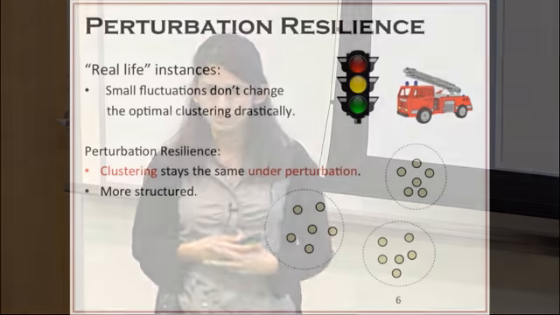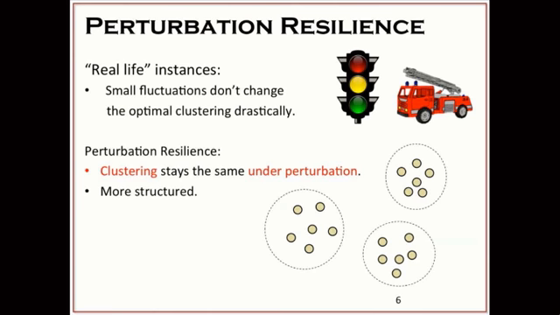Good? OK, so one of the notions that we are going to assume here is called perturbation resilience. And what it tries to capture is that in real life, we make some mistakes. Things that we measure can be a little bit off, or there can be fluctuations in it. For example, in this case, the traffic on one day is higher than the other day. So the travel time changes from one day to another.